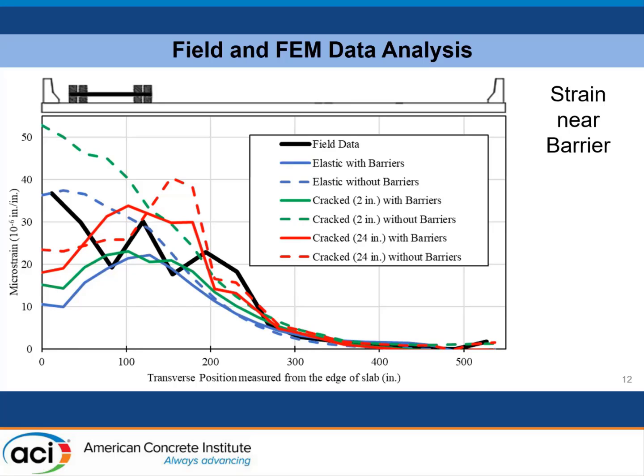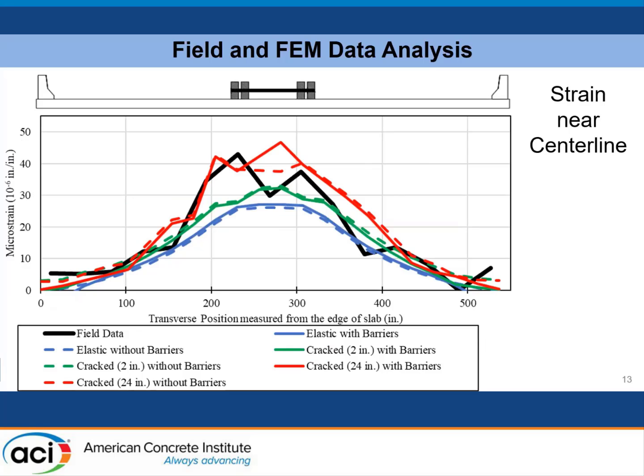And then we see the same thing when we compare the field data to the finite element models with a load placed at the center of the bridge width, where the most cracked model seems to match the shape and also the magnitude of the field data the best.